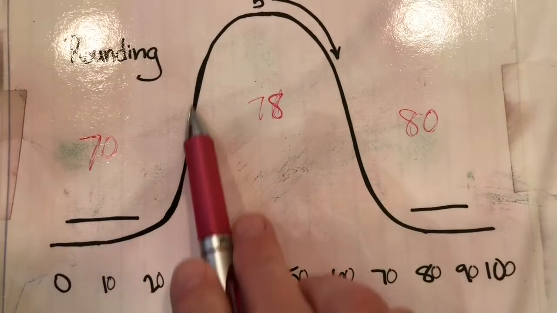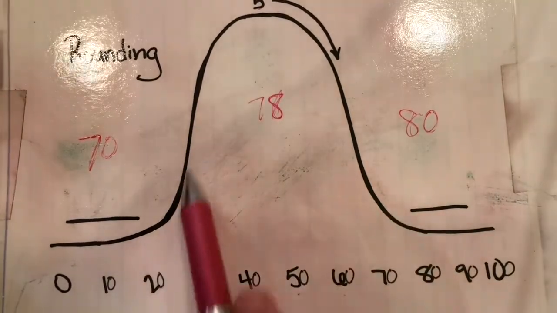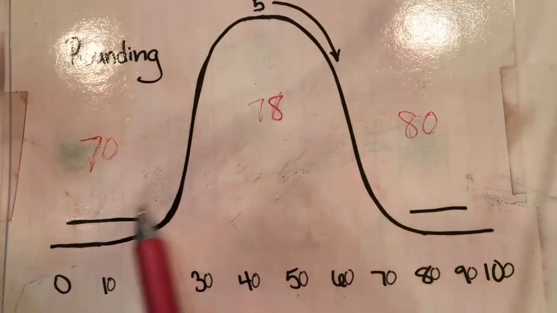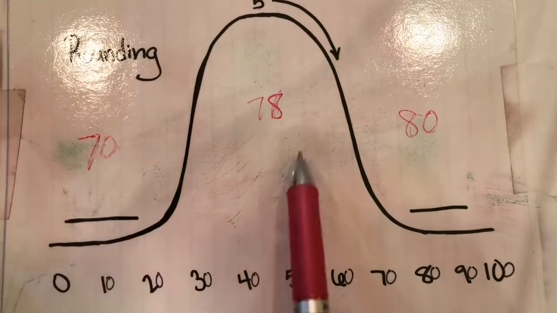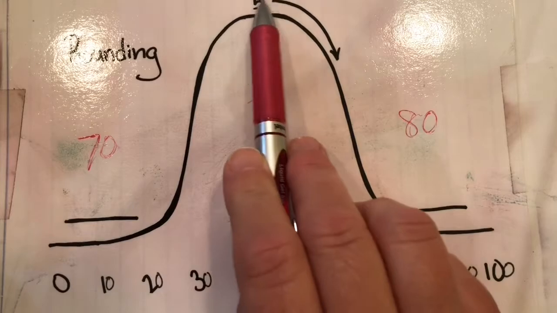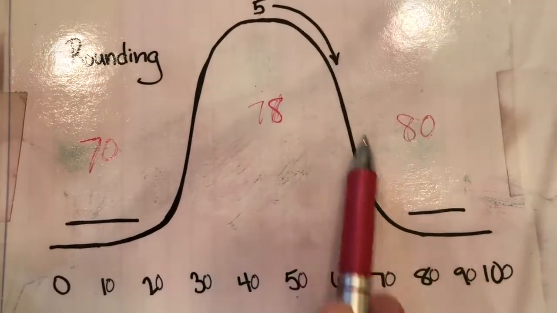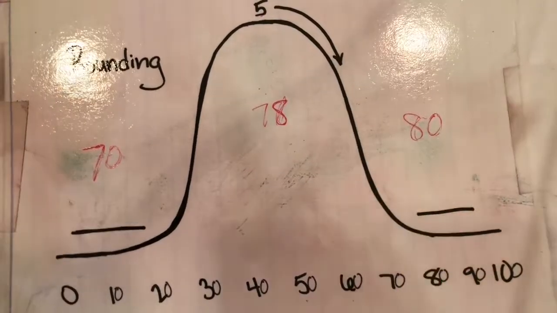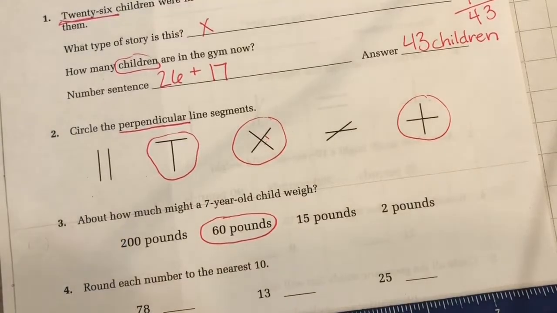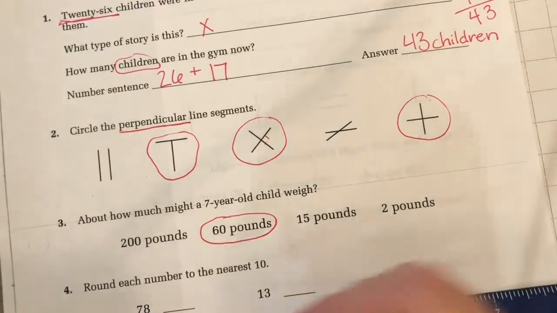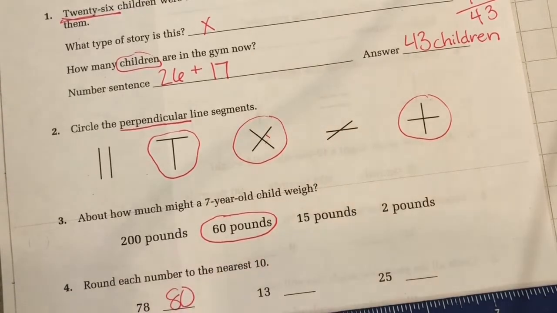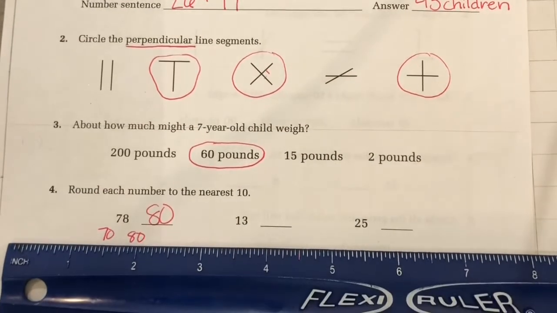If it doesn't get up to the 5, if it's 0 through 4, then it goes back down to 70. 8 is greater than 5, isn't it? So it went over the roller coaster to 80. Okay. So use that page 26 if you need help with the rounding.